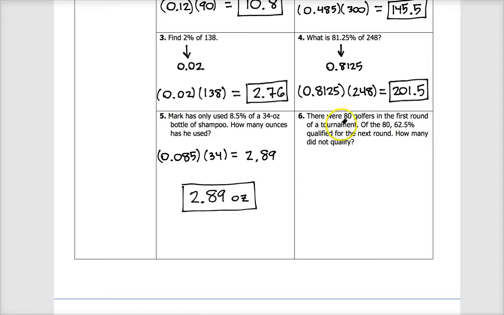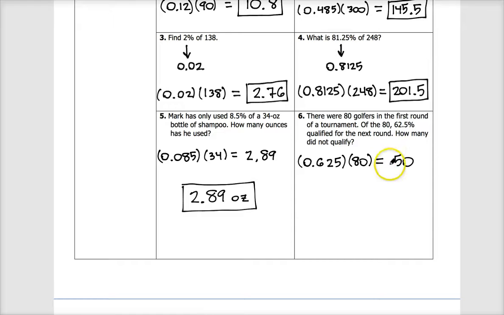And then number six, there were 80 golfers in the first round of a tournament. Of the 80, 62.5% qualified for the next round. How many did not qualify? Well, first let's figure out how many qualified. So 62.5% as a decimal would be 0.625. And then the whole part is 80, and 0.625 times 80 is equal to 50.